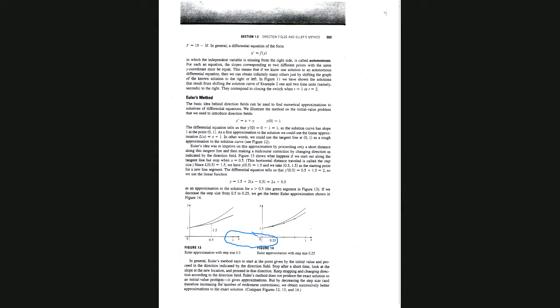So again, you can get the equation of a line that starts off at 0.5 and 1.5. The equation of the line would be y minus 1.5 equals 2 times x minus 0.5.